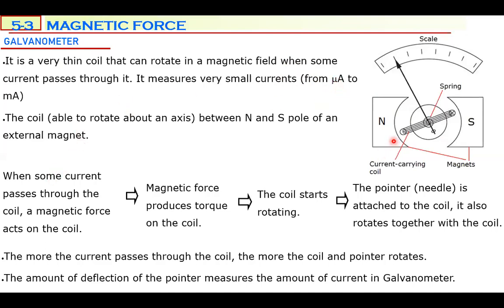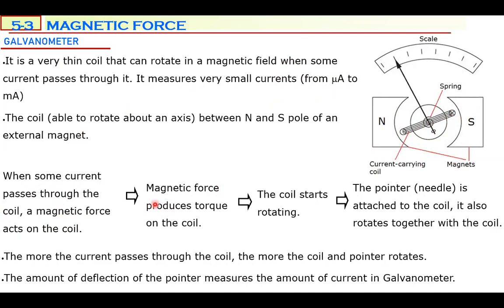If you give some current to this coil, it will start rotating because a magnetic force will act on it. Here is one side of the coil where the electric current is out of the page, and on the other side into the page. So when current passes through the coil, a magnetic force acts on the coil.